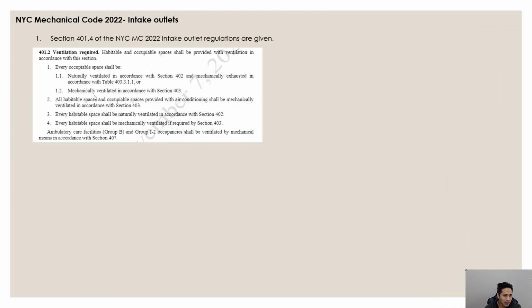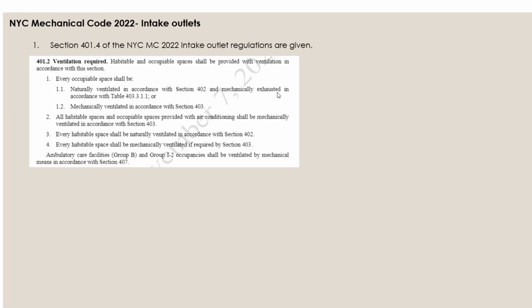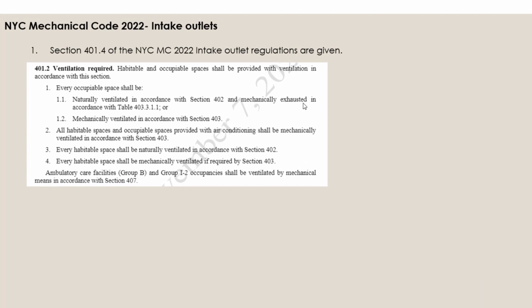So the main idea here is that whenever you have an occupiable space, you can choose to have it either naturally or mechanically ventilated. When you say exhausted here, it means also ventilated. Because if you have a space like this, and let's say you have an AC unit here, and the outside air basically pumps into this building.